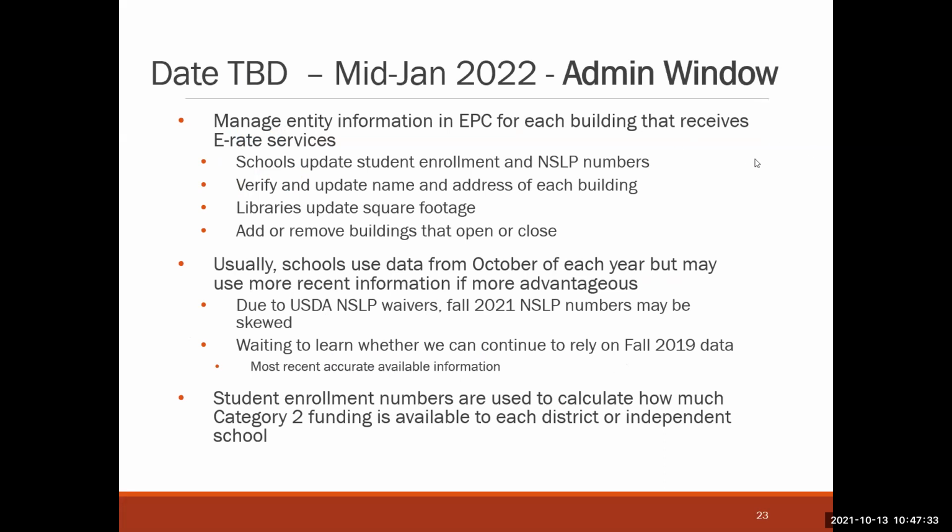So we talked about this admin window, which is the beginning period for when you can make these updates, which has not yet been announced. And it usually goes until mid-January of the upcoming year. So this is where you would verify and update the name and address of each building. Schools would update their student enrollment and NSLP numbers.